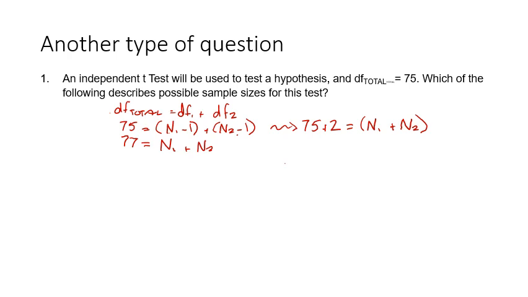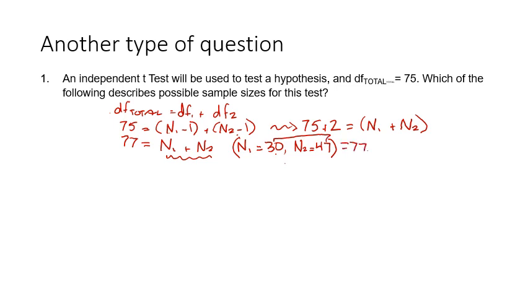So now, any numbers that can satisfy this will be adequate. For example, we could have n1 equals 30, n2 equals 47. I know that this is a possible answer because 30 plus 47 equals 77.